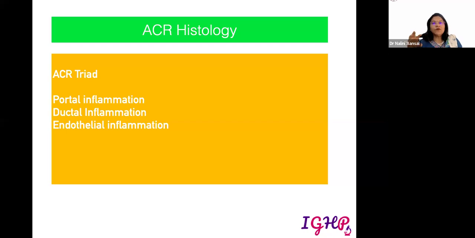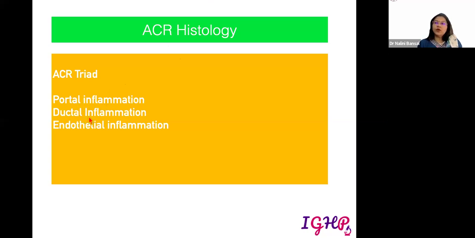So when we talk of the histology of acute cellular rejection, and that is the core area of discussion today, there is basically a triad of things that we are going to look into. We are more interested in the portal area, and within the portal area, we shall be discussing three main pathologies. We shall be discussing the portal inflammation.